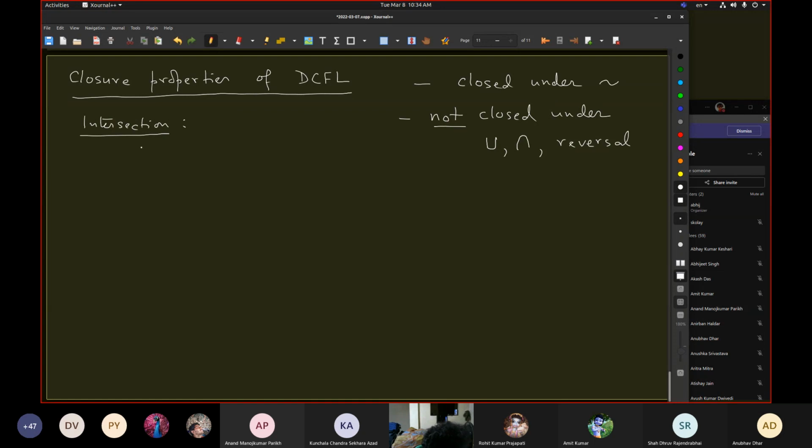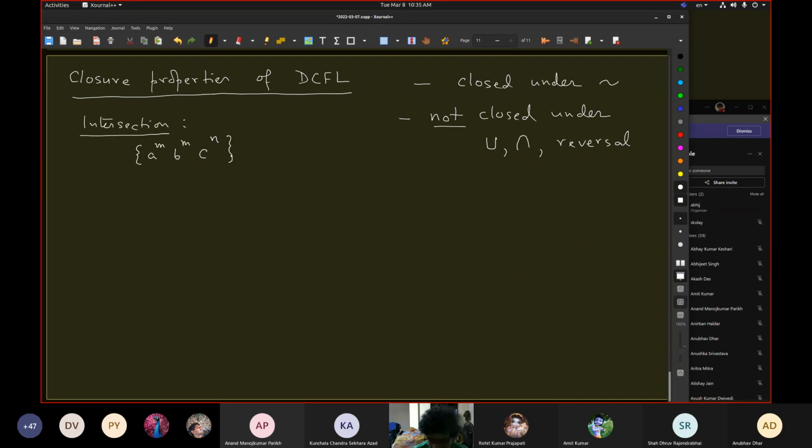Let's prove this. With a little bit of imagination, this language is deterministic context-free. Now, if I just append some a to the n, after reading exactly equally many a's and b's, you read some number of c's.